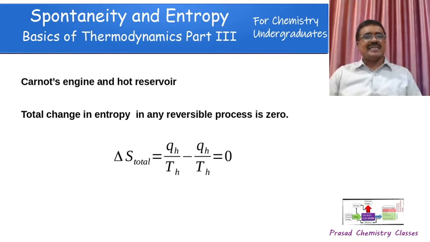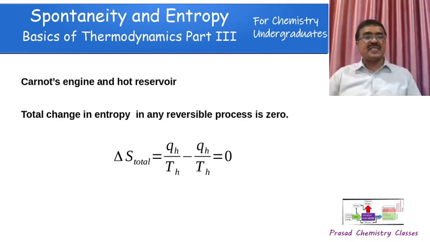We can consider the Carnot engine and the hot reservoir together. The reversible isothermal expansion is happening at the hot reservoir. Then the change in entropy for the system is QH by TH, and for the reservoir it is minus QH by TH, because it is losing heat.